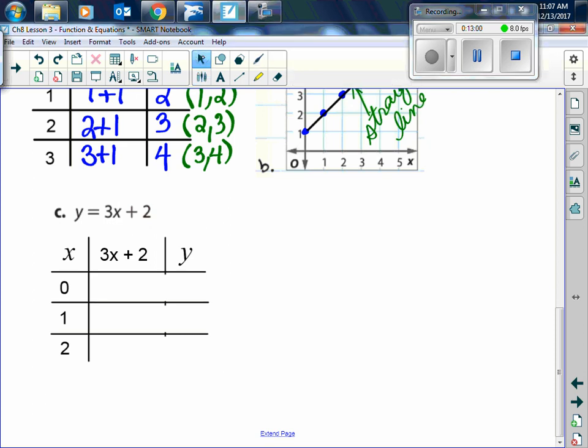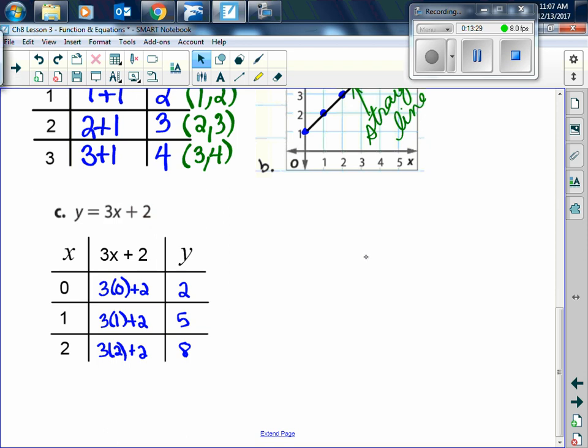So for 0, we have 3 times 0 plus 2 equals 2. For 1, we have 3 times 1 is 3, plus 2 is 5. X equals 2. 3 times 2 is 6, plus 2 is 8. Is everybody clear with that?